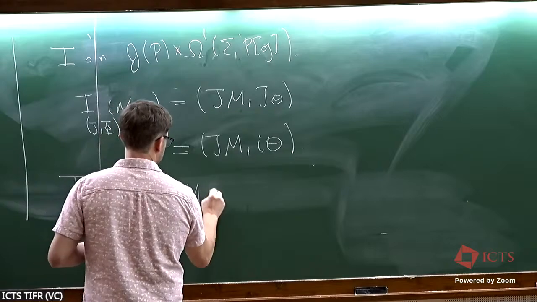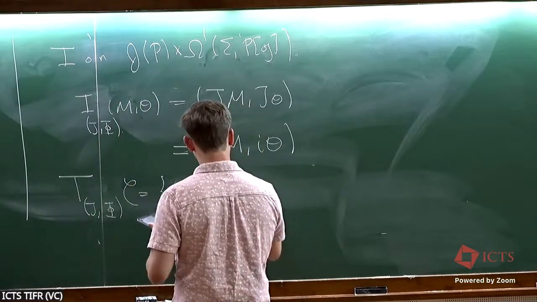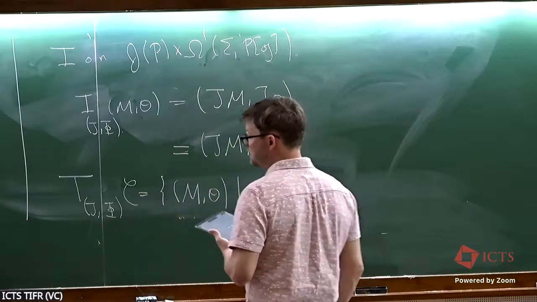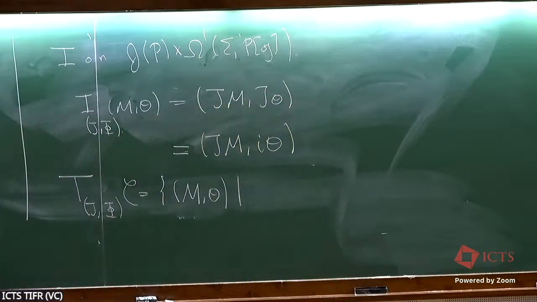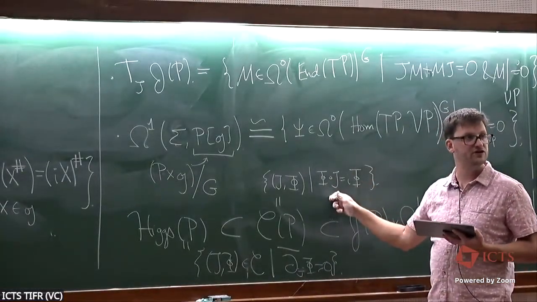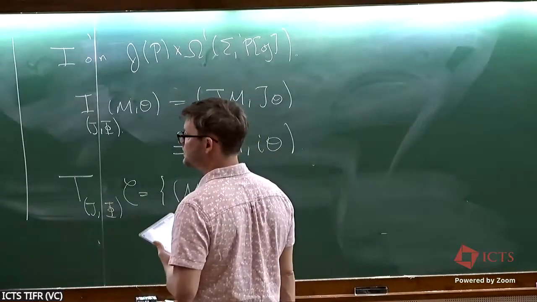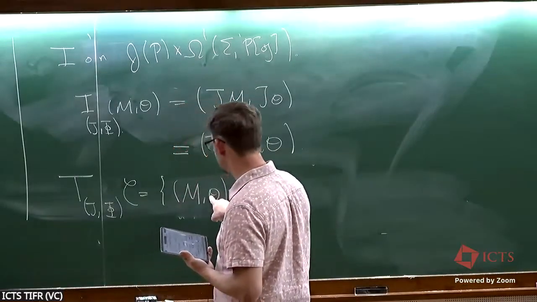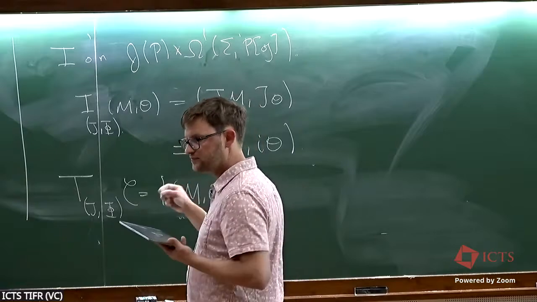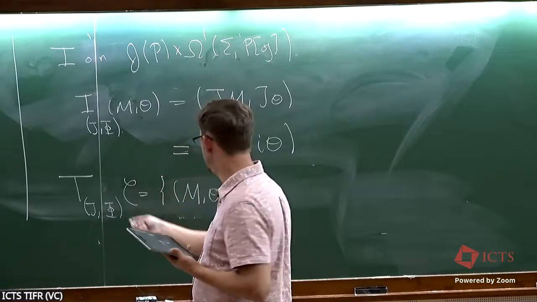Well, it's a set of (m, theta), same as before, but they have to satisfy some equation which comes from differentiating this condition. Remember, theta is the piece of the derivative in the phi variable, and m is the piece of the derivative in the J variable.